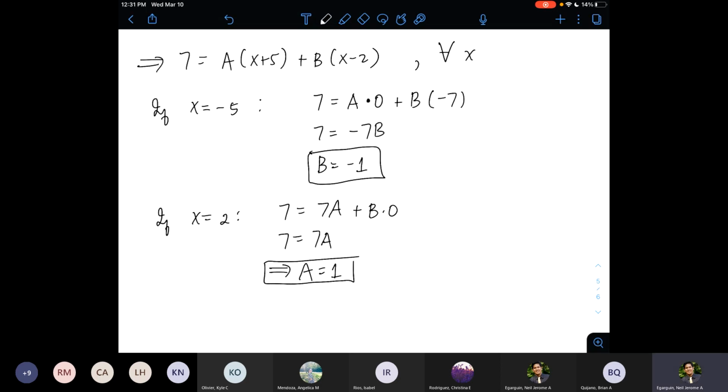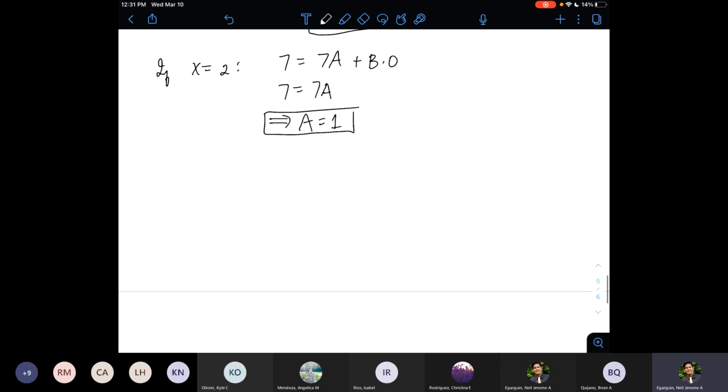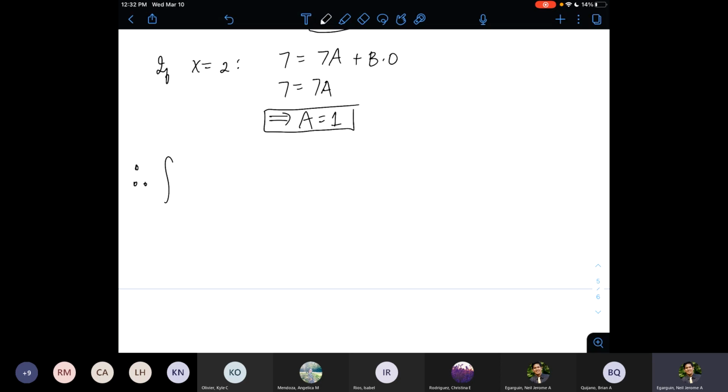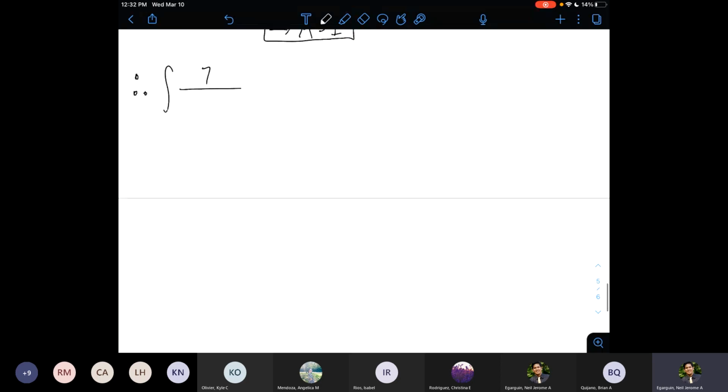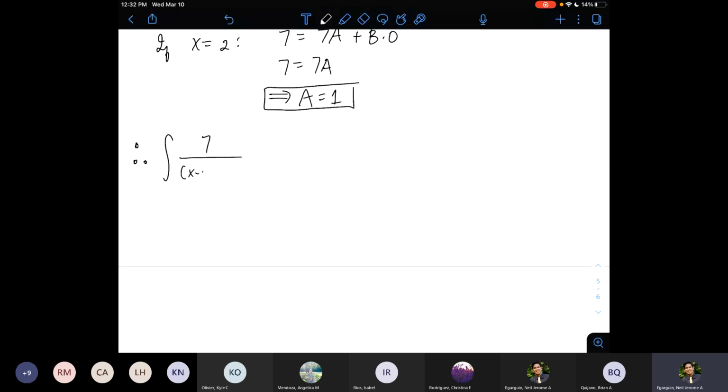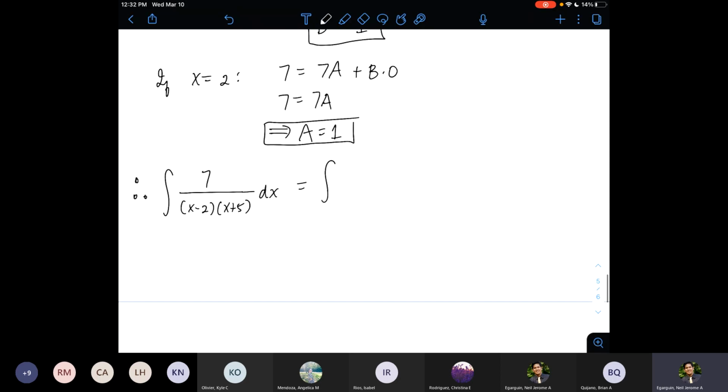And now we have, at least on paper, the proper partial fraction decomposition for the original expression, right? So therefore, the original integral, 7 over x minus 2 times x plus 5 dx, is equal to the integrand decomposed into 1 over x minus 2 plus -1 over x plus 5 dx.